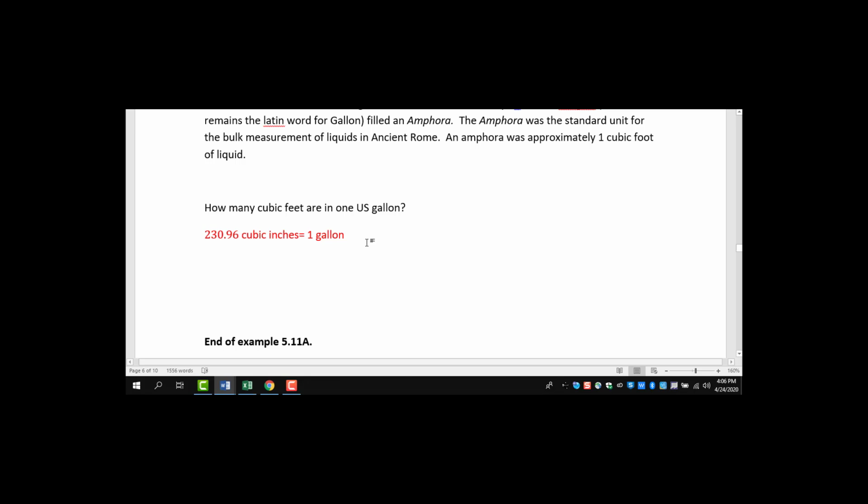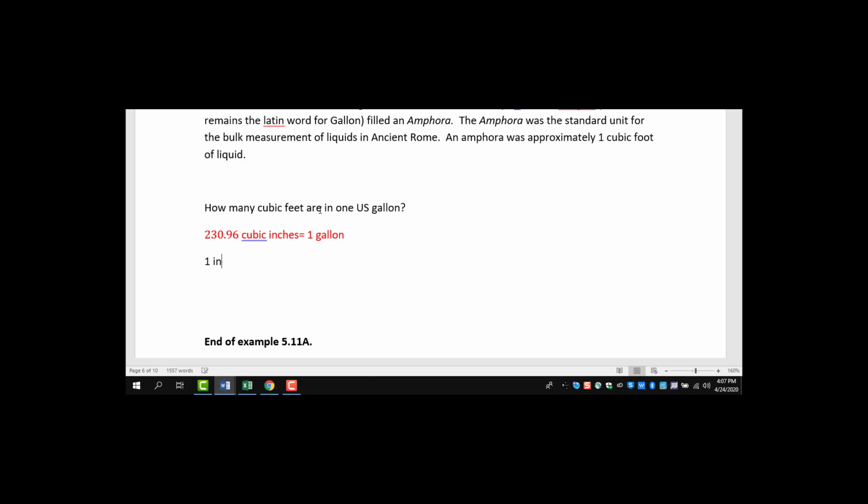We have that relationship. So we could change gallons into cubic inches. That's pretty easy. And what's the relationship we have between cubic inches and cubic feet? You know anything about cubic inches and feet in terms of length?